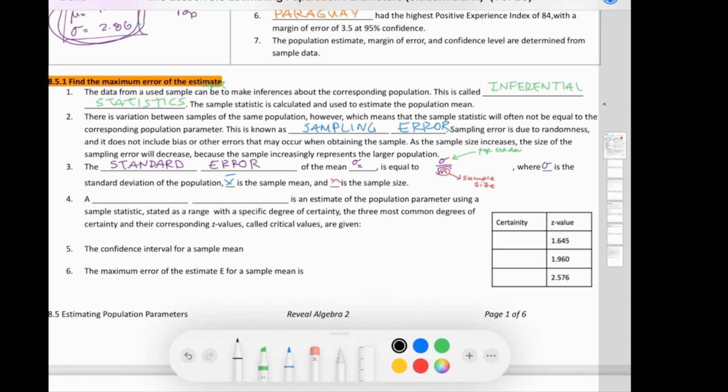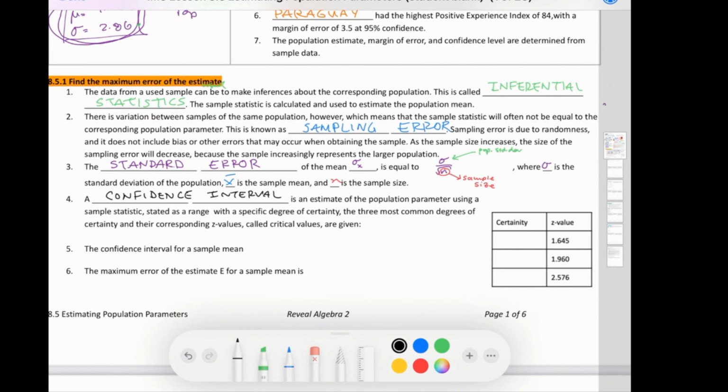Continue on. A confidence interval is an estimate of the population parameter using a sample statistic, stated as a range with a specific degree of certainty, and the three most common degrees of certainty and their corresponding z-values, called critical values, are given.